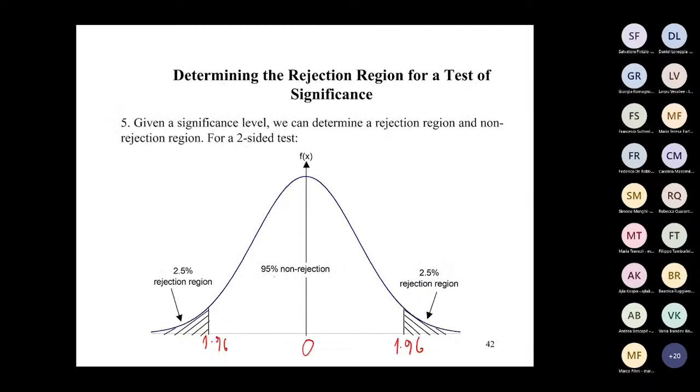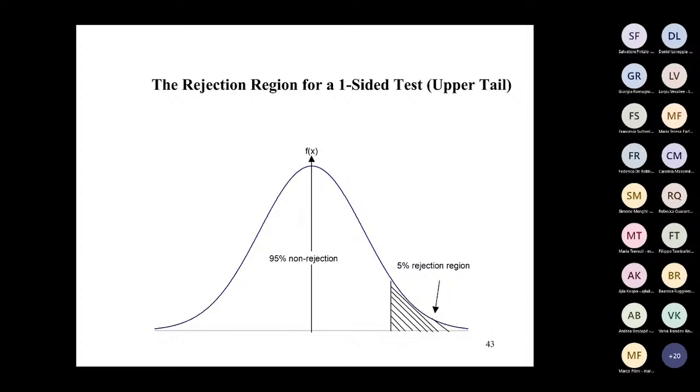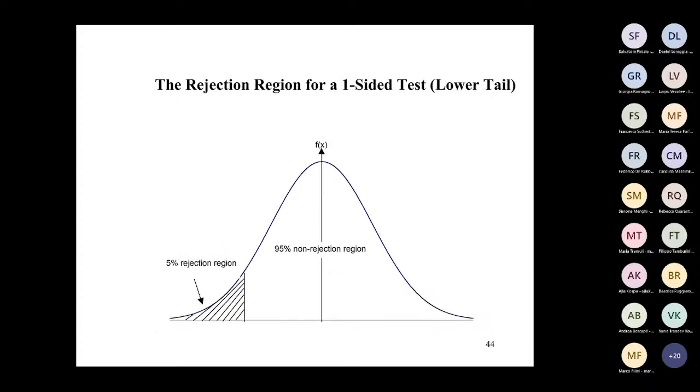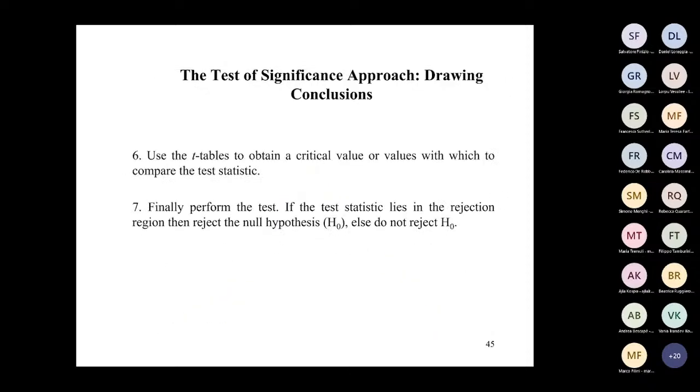This is the case for the normal distribution, and these are the 2 tails. Now we can do the same type of test one side if I want to see whether something is strictly positive or strictly negative on the other side.